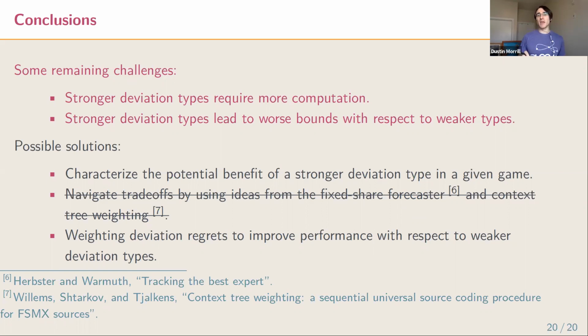So perhaps a weighting that depends on the relative size of different sets of deviations that have markedly different complexities would give you performance that you can guarantee will always be at least as good as if you had only looked at, say, the counterfactual deviations.